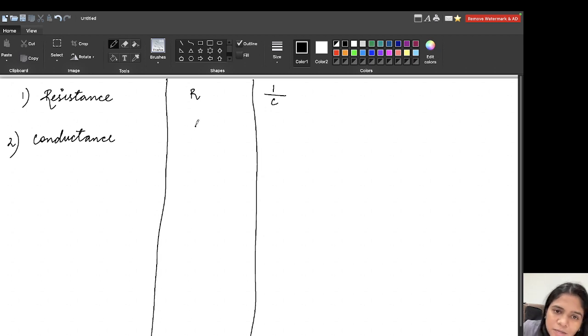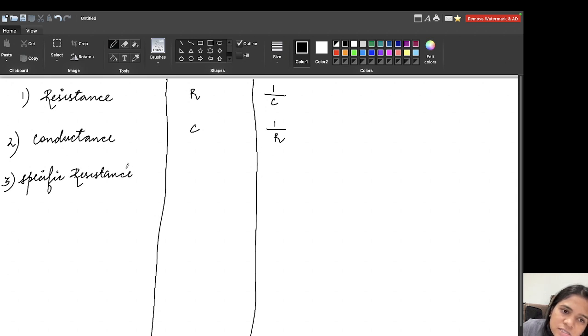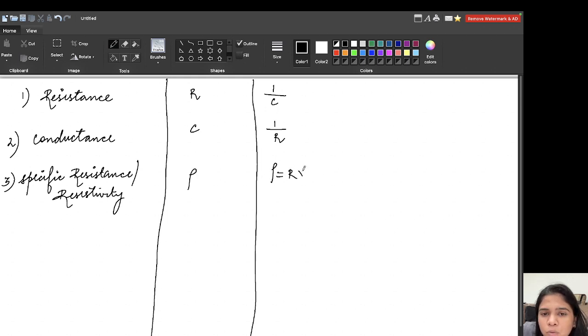Conductance is represented by C, which is equal to 1 upon R. Then specific resistance or resistivity, represented by rho, and rho equals R into L by A.